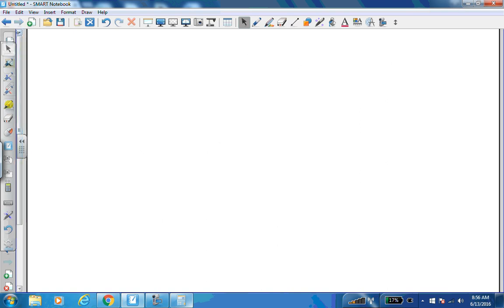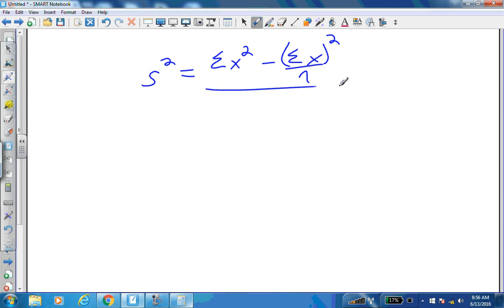So there's an alternative formula, which is the one that I prefer you use. And that is if you take the sum of the x squareds minus the sum of the x's, squared, over n, then divide by n minus 1, that'll give you the sample variance. Now, let's look at the difference between these two.